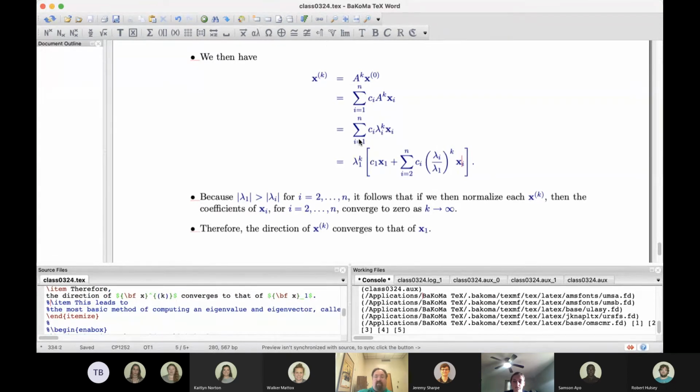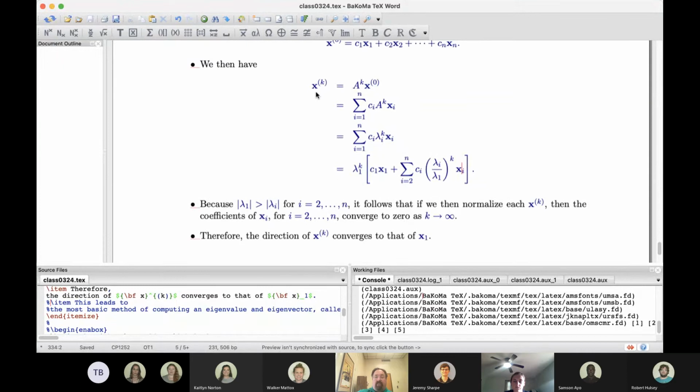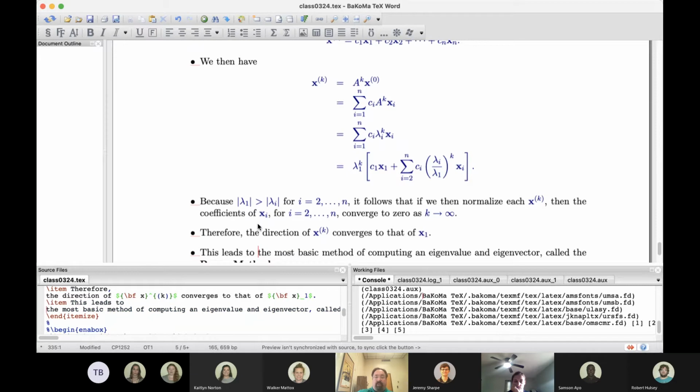So under the assumptions that I have, this vector xk, as k goes to infinity, will converge to an eigenvector. It will converge to x1, or at least a multiple of it.